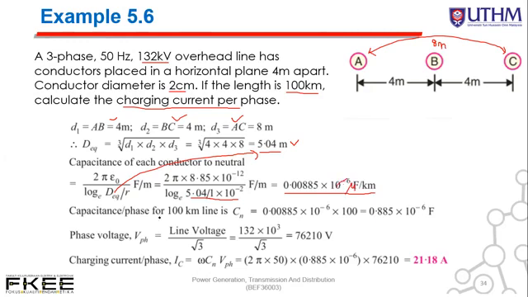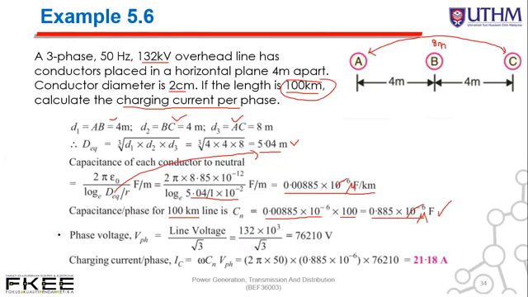The capacitance per phase for the 100 kilometer line is Cn equal to this value times 100, so 0.885 times 10 to the power of minus 6 farad, or simply 0.885 microfarad.